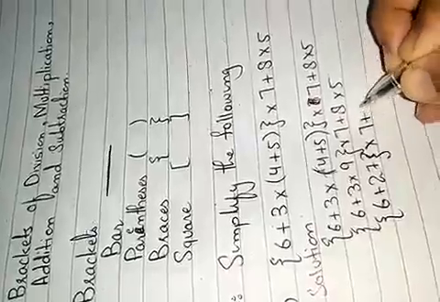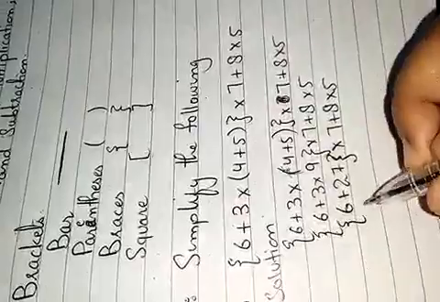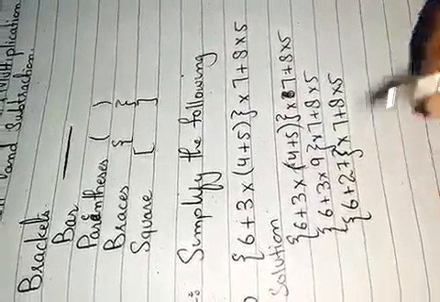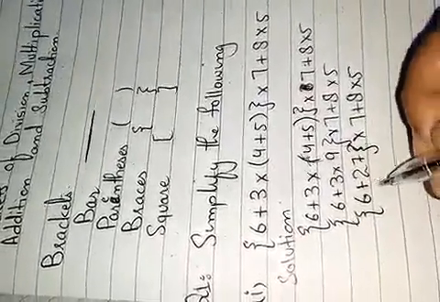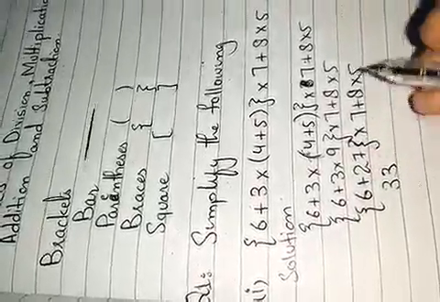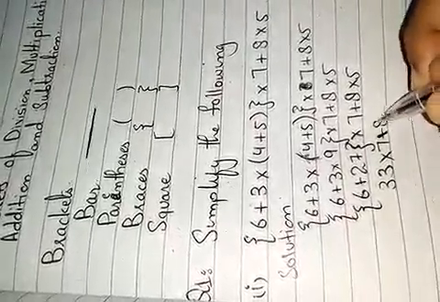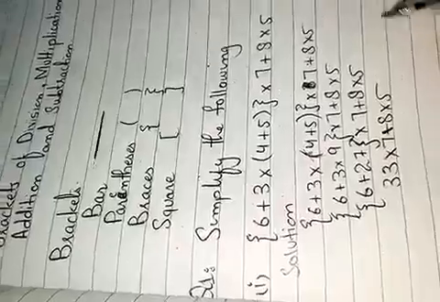Multiply by 7 plus 8 multiply by 5. Now we need to add 27 plus 6, which is 33. So we write 33. We have solved the bracket, so we remove the bracket. Multiply by 7 plus 8 multiply by 5.